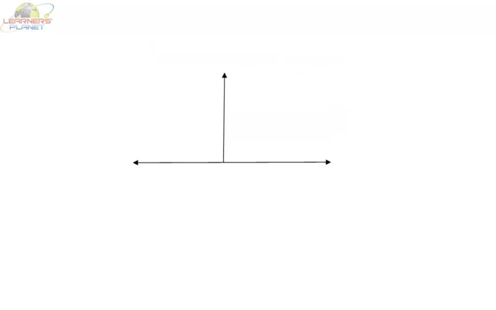Now just see over here. Suppose this is A, P and B, and this is line PM. Now this angle is 90 degrees. Here PM is the perpendicular bisector of AB.